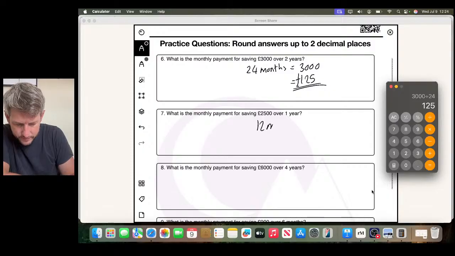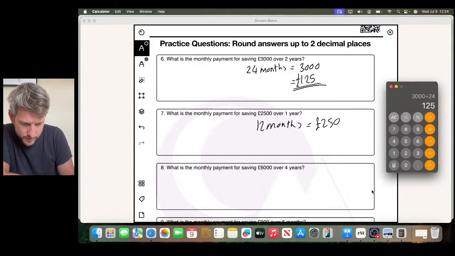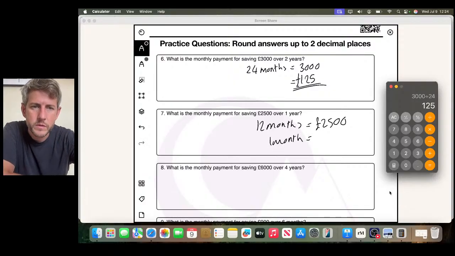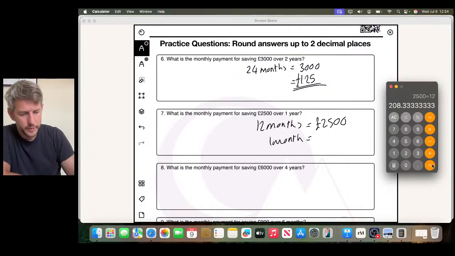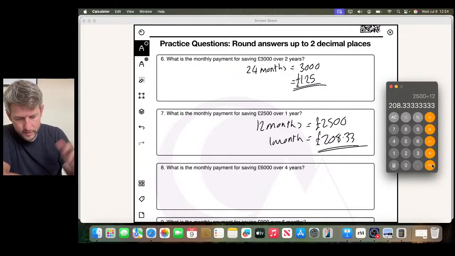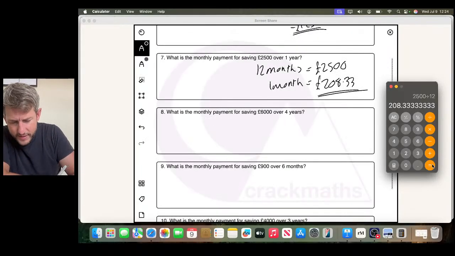12 months equals 2,500. So 1 month equals 2,500 divided by 12. Here we go. At 4 years is 4 times 12 equals 48.